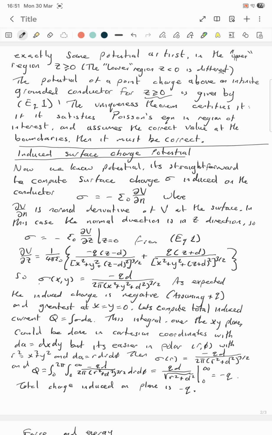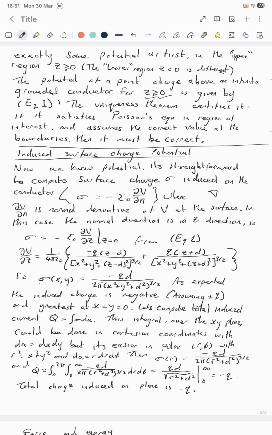Now, induced surface charge. Now we know the potential. It's straightforward to compute the surface charge sigma induced on the conductor, as we've established before. This is our del in a specific direction, which gives rise to the normal derivative of potential at the surface.